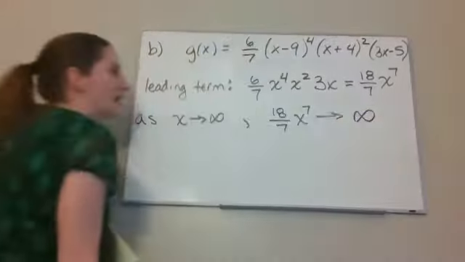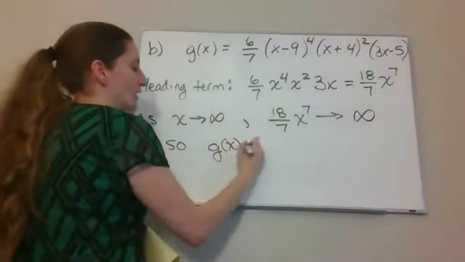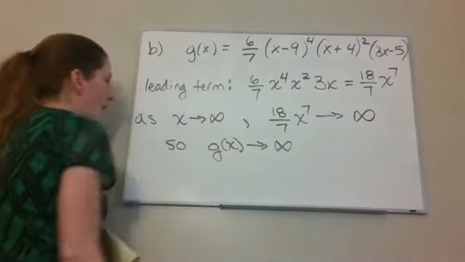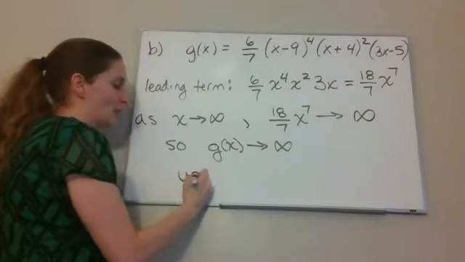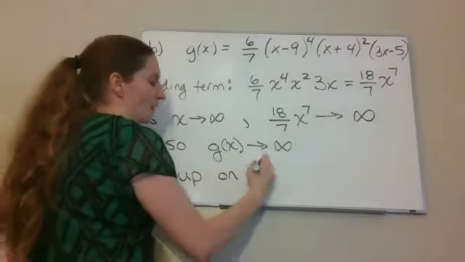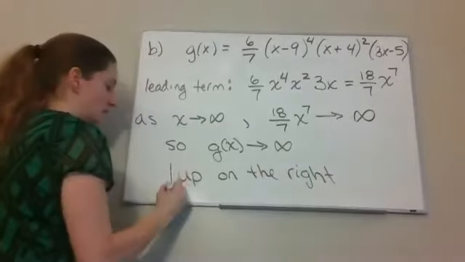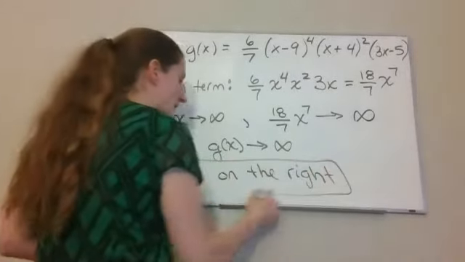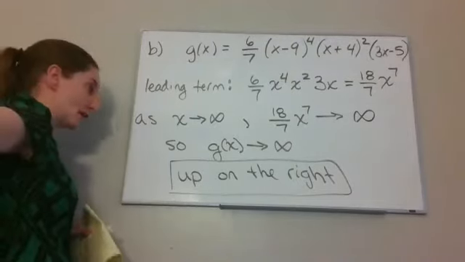So we're going to positive infinity. This means that our whole entire function is also going to positive infinity. And our end behavior is that our graph is going up on the right side. Now we just have to determine what happens on the left side of the graph.